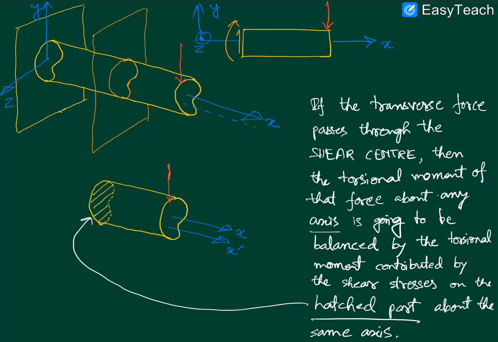And this ties back to the discussion that we had when we were discussing unsymmetrical bending, where we considered various kinds of unsymmetrical cross sections which had great practical importance, like the Z section, the channel section, the C section, the L section, the I section, or even the T section. Those are the cross sections which are extremely important for engineering practice.